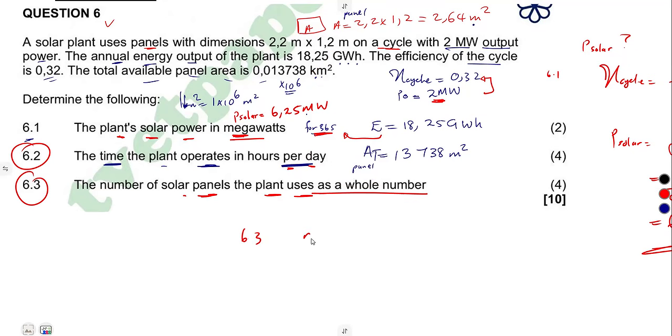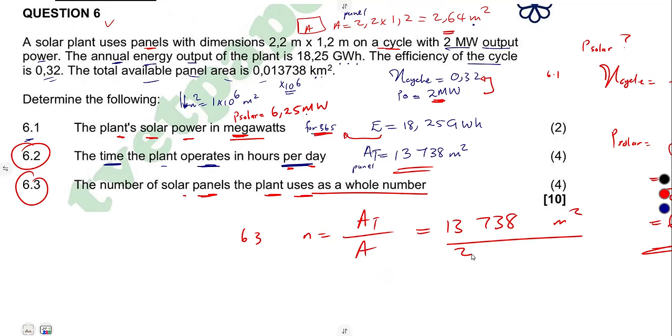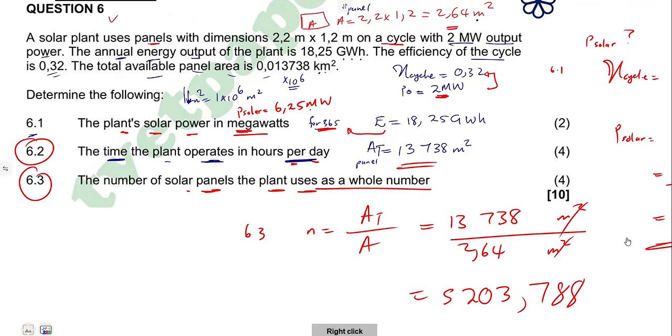So the 6.3, the number of solar panels can be taken from the total area over the area of each panel. The total area 13,738 in square meters, and the area of each panel in square meters is 2,64. So that is going to give us the number of panels, which was 5,203,738, something like that, which you can round off to the next whole number.